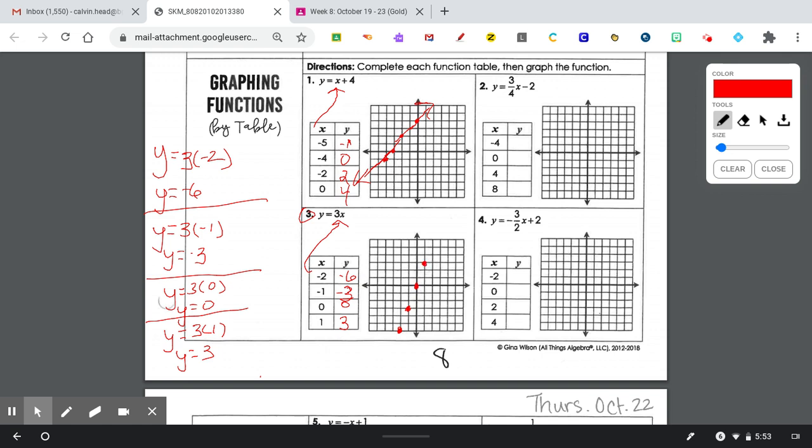Okay, and then I draw my line. Make sure you put arrows on the end of your line. Okay, and there I have it. All right, so literally you're just substituting those in there.